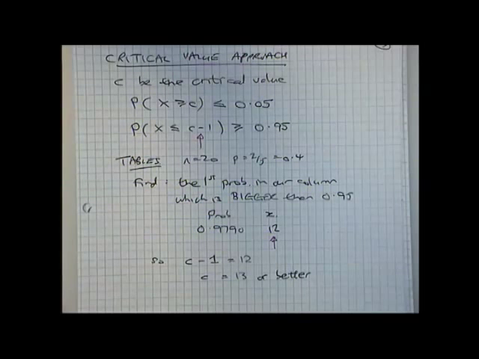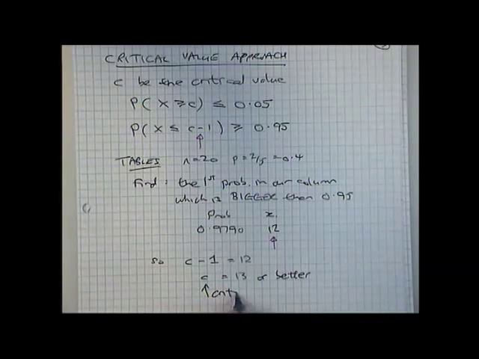So that means in the trial, if they were going to trial it with 20 patients, to conclude that the new drug was better, we would have wanted to see 13 or more people cured. So that 13 there is our critical value.